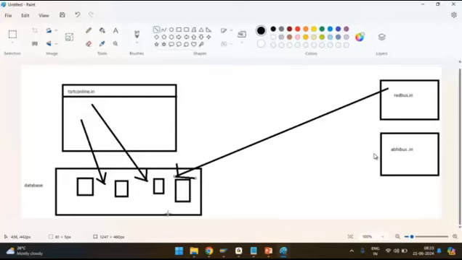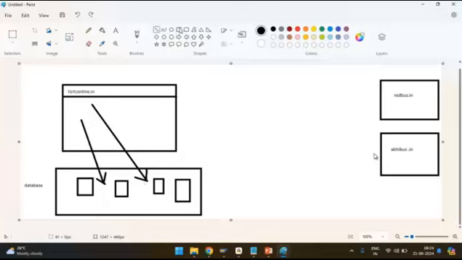Isn't it? Then what they do is, inside this official database, only for tsrtconline.in, which is an official website, they provide direct access to the database and their business logic.